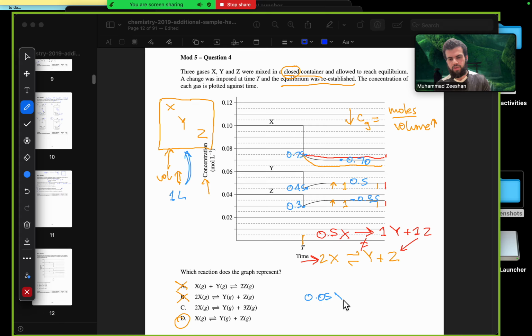We lost 0.05 moles of X and we formed 0.05 moles of Y and 0.05 moles of Z. So yeah, it is 1-to-1.